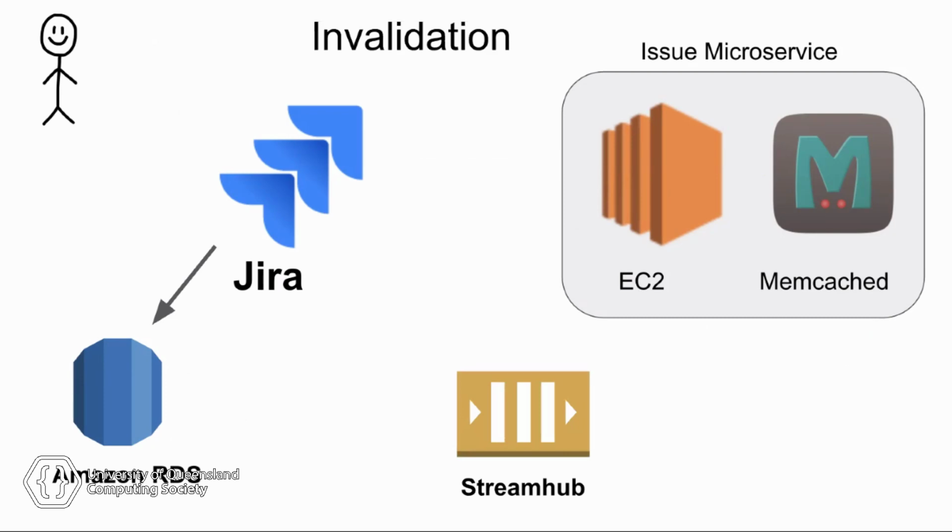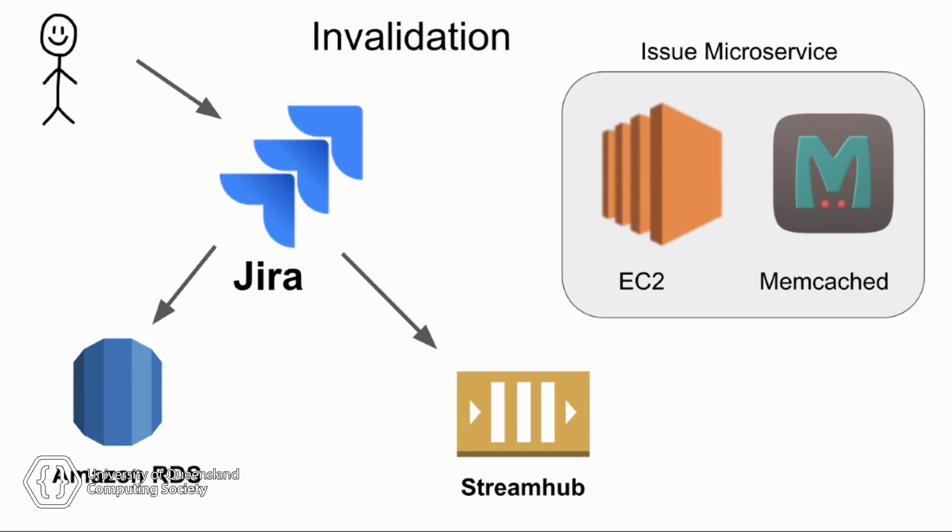So in terms of data invalidation in the cache, how do we do that? The user will create an issue in Jira. Whenever you create, update, or delete an issue in Jira, Jira tells the database to do the change it's meant to do. But it also sends an event to our internal service called StreamHub. StreamHub is a pub/sub service, like I mentioned before, which means we are following the publish-subscribe pattern.